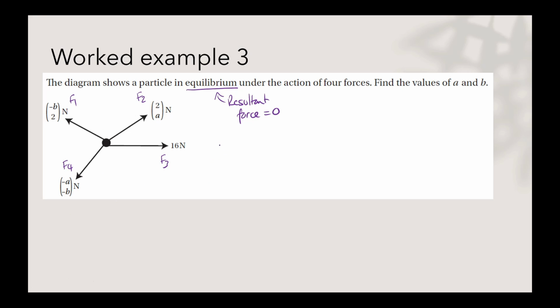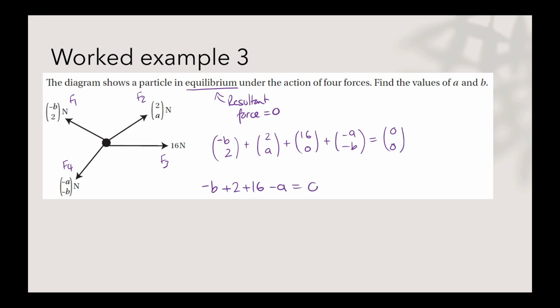So what we then have is minus B, 2, plus 2, A, 16, 0, plus minus A, minus B equals 0, 0. So from this, what we then know is minus B plus 2 plus 16 minus A equals 0.